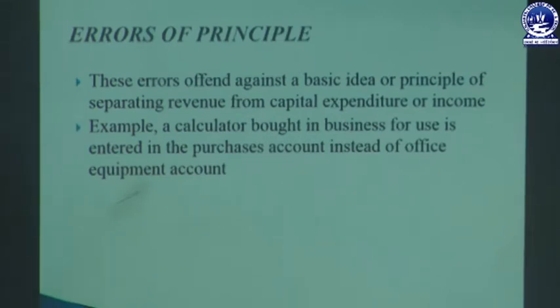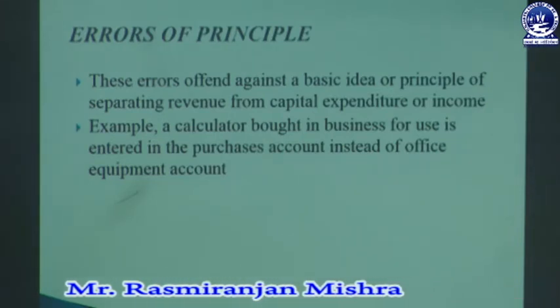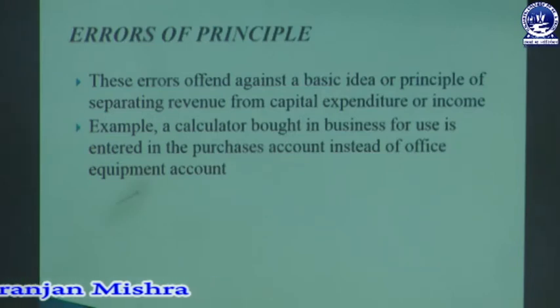The next error is called error of principle. These errors offend against a basic idea or principle of separating revenue from capital expenditure or income. Example: a calculator bought for use in the business is entered in purchase account instead of office equipment account. When a calculator is purchased, it is one type of office equipment, so we must record it in office equipment account, but instead we recorded it in purchase account.